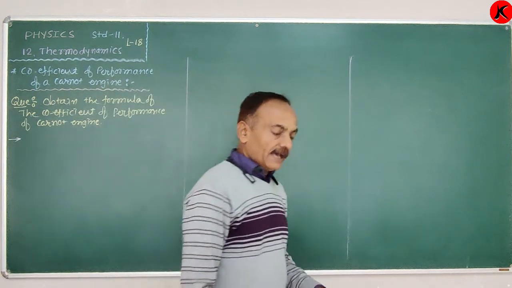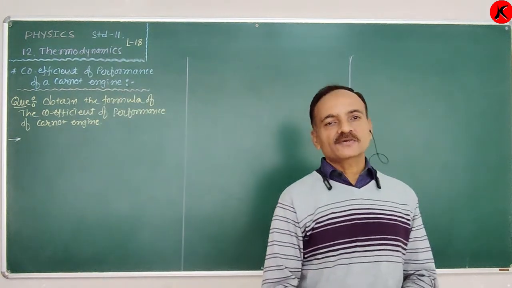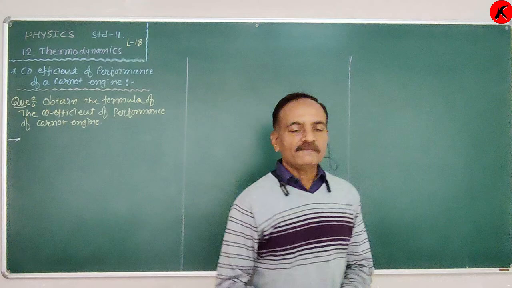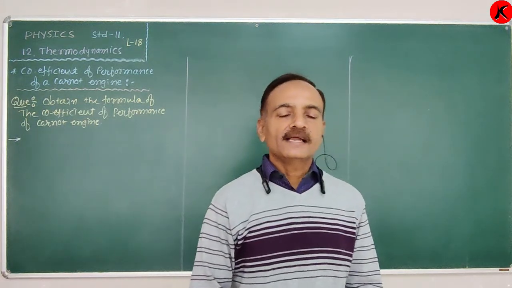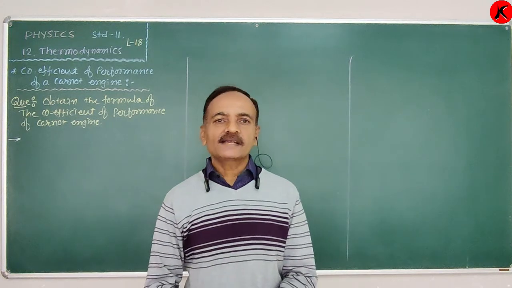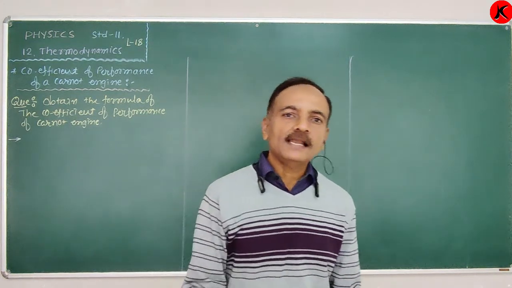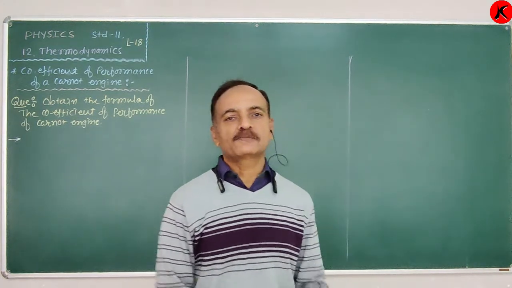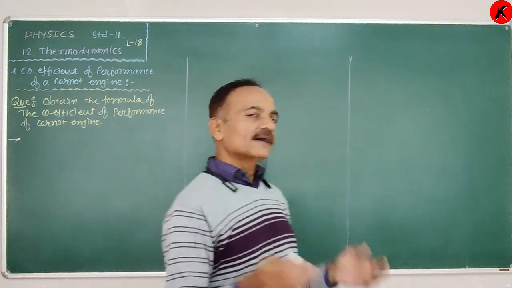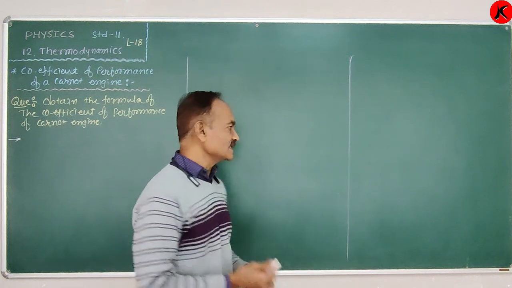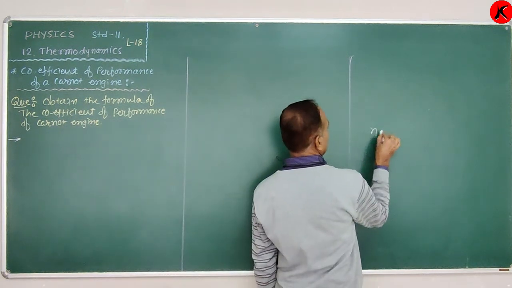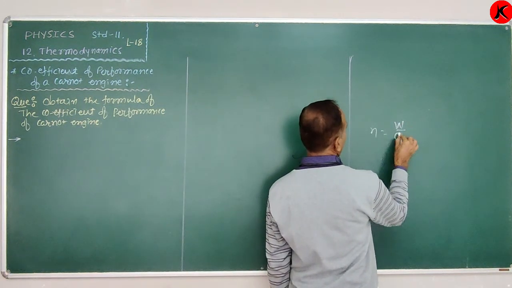Now, the efficiency of a cyclic process we already defined in the case of a heat engine. The ratio of the net work done to the total amount of energy absorbed, that means W upon Q1, is known as the efficiency. Already we obtained this, eta is equal to W upon Q1.